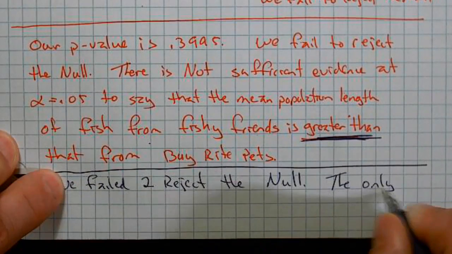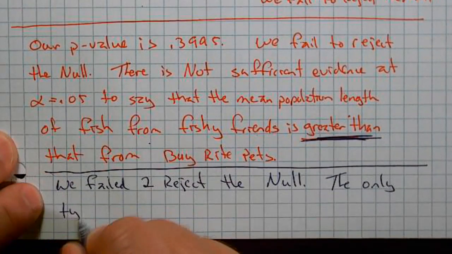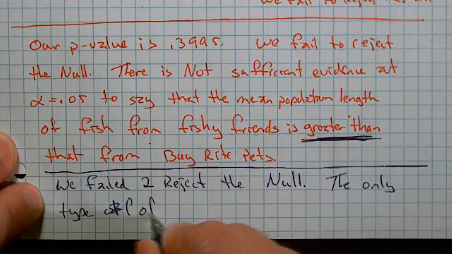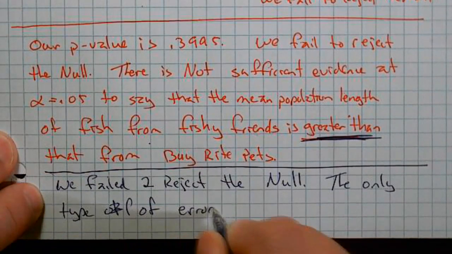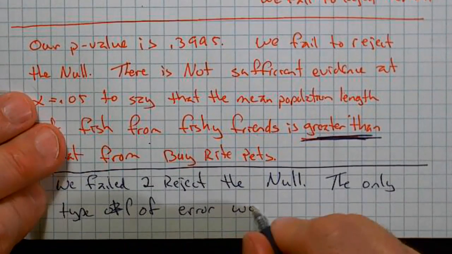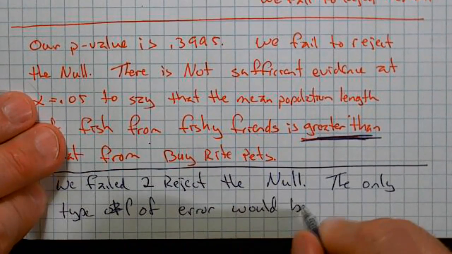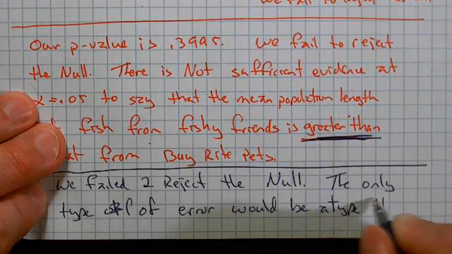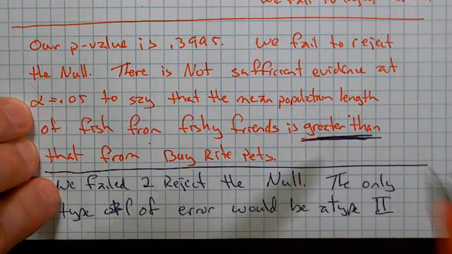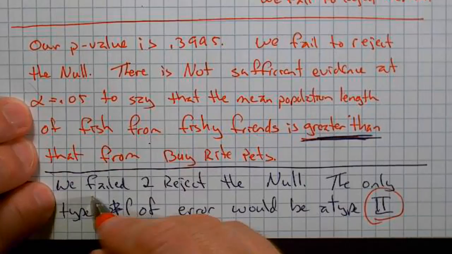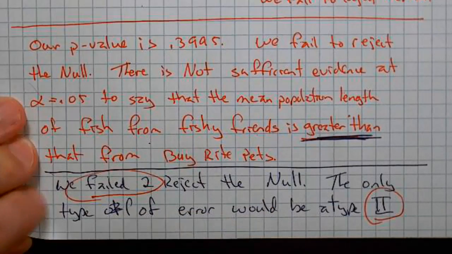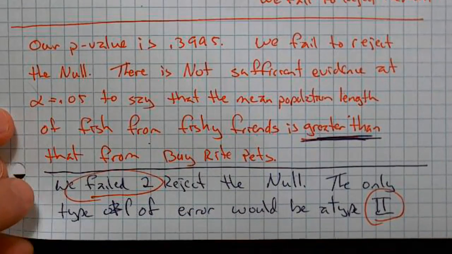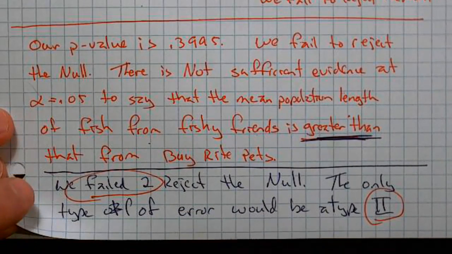The only type of error would be a type 2, because remember, type 2, fail to. Right? So since we failed to reject, the only type of error that we could have made is a type 2 error. All right. Thank you for watching this one.